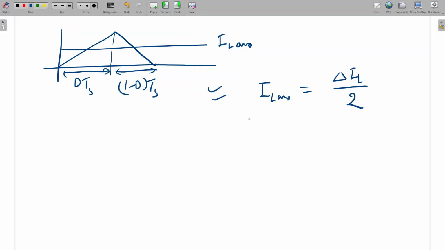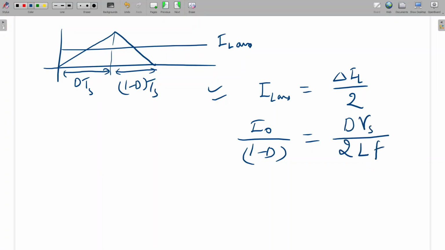So this will be I naught by 1 minus D, and here it will be dVs divided by 2Lf. Further we can simplify this as I naught is equal to V naught by R. So V naught we can write as Vs into d divided by R into 1 minus d square.